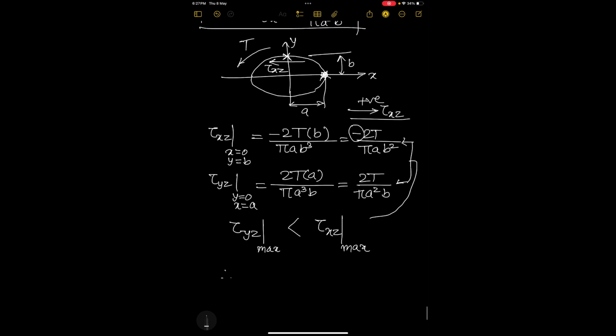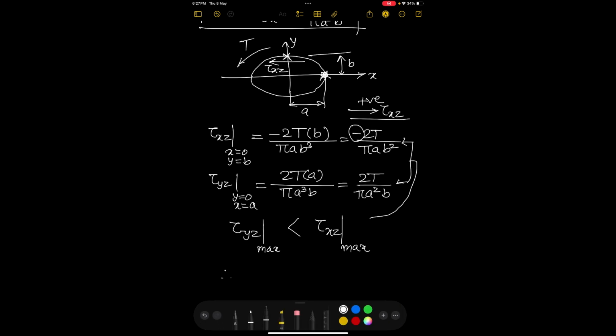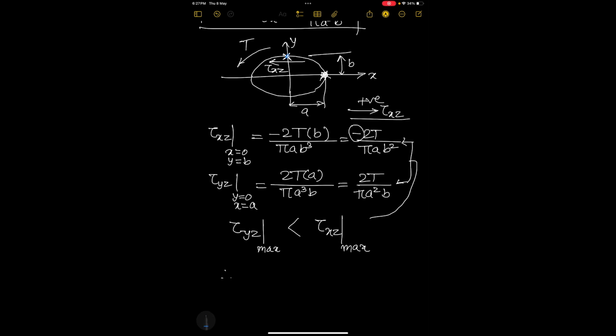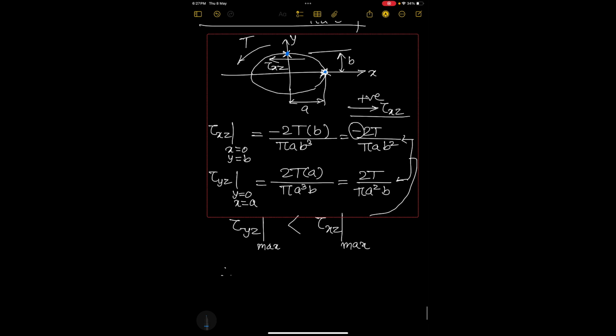Therefore, we can see that the shear stress at this point is larger than the shear stress at this point.